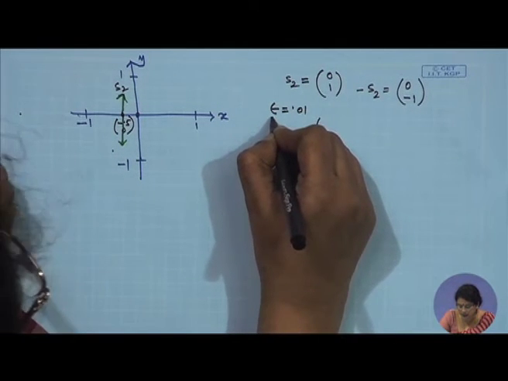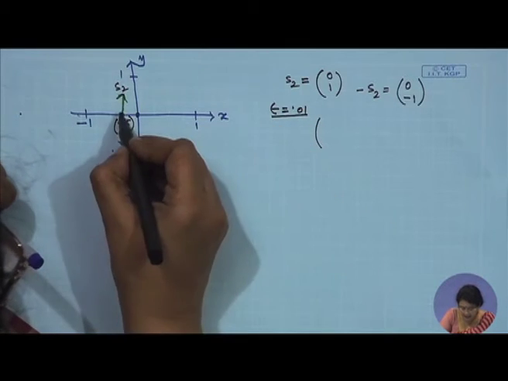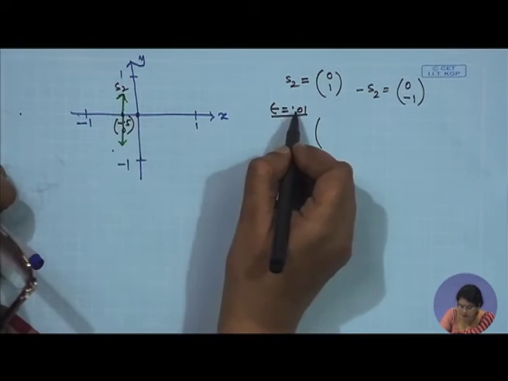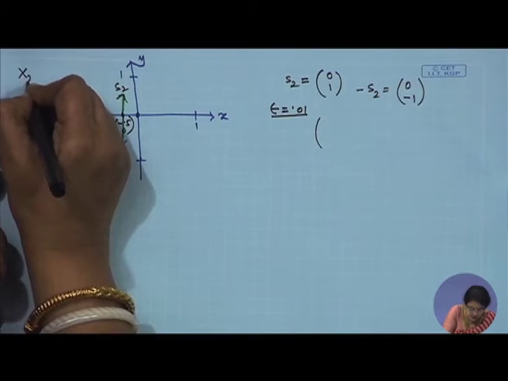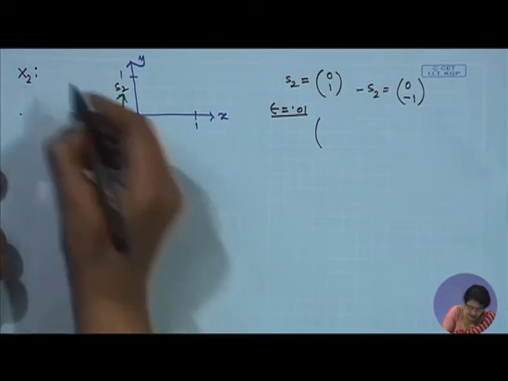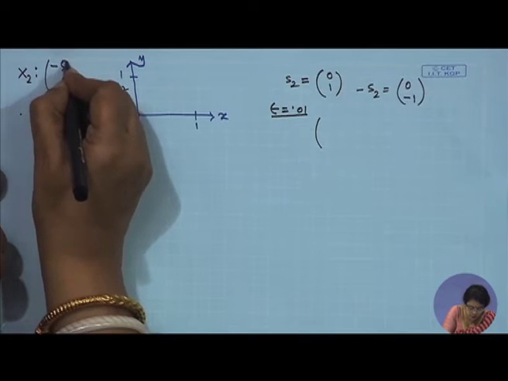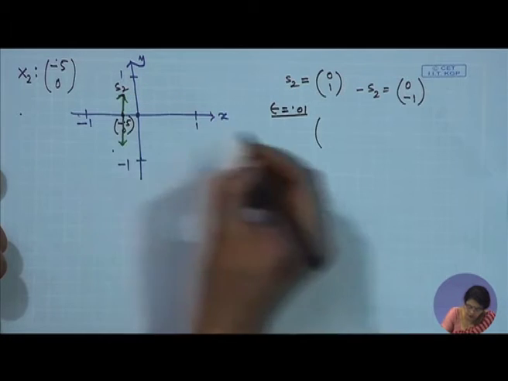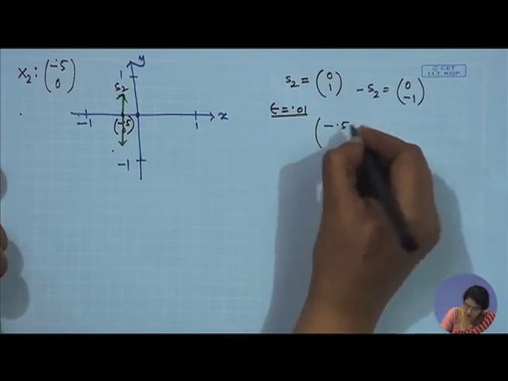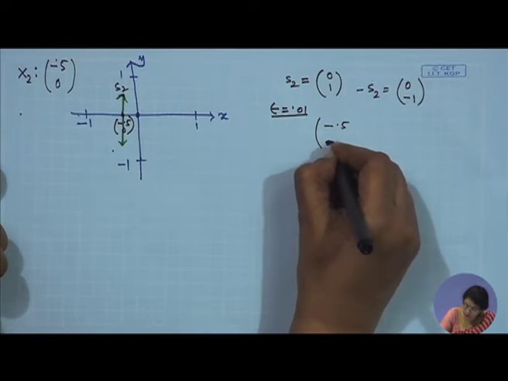That part if I even do not do, if I just consider a small shift of y 0.01, then my initial point was x2, that was minus 0.5, 0, then here my point would be minus 0.5 plus 0.01.